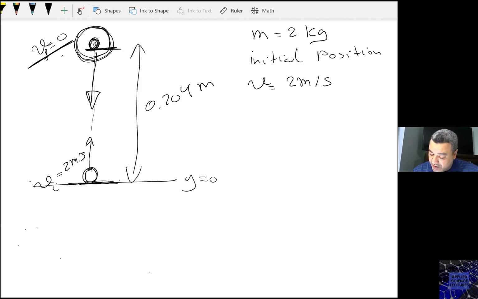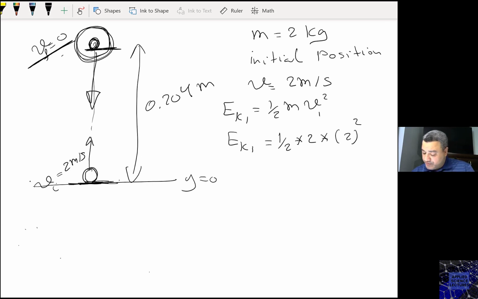So I can calculate EK1 to have half M V1 squared, and in this case EK1 will be half times 2 times also 2 squared. EK1 equals 4 joules.